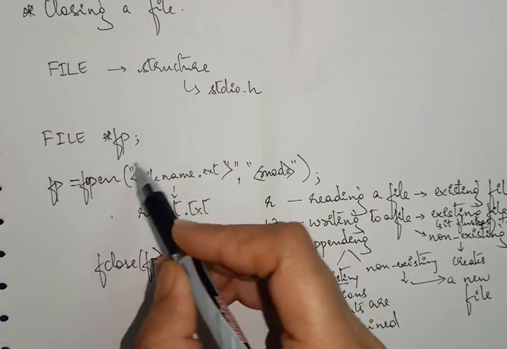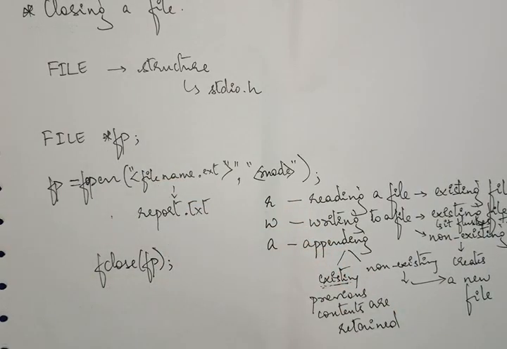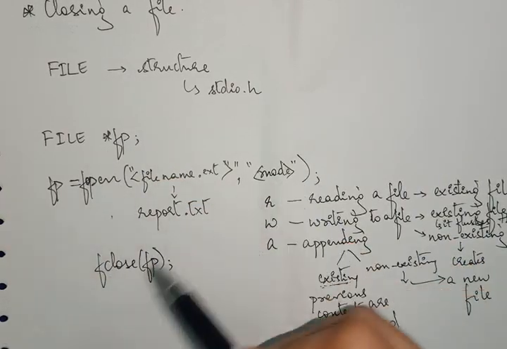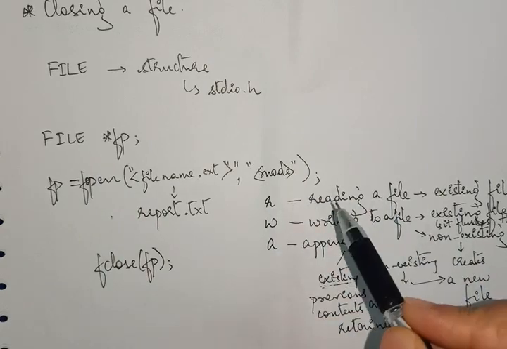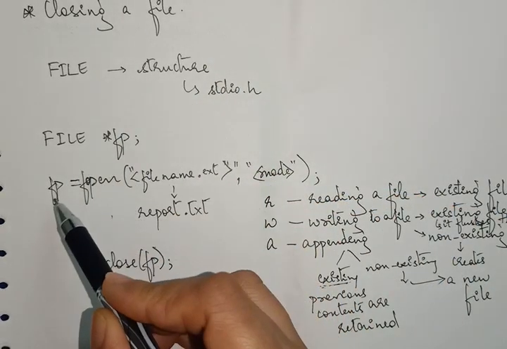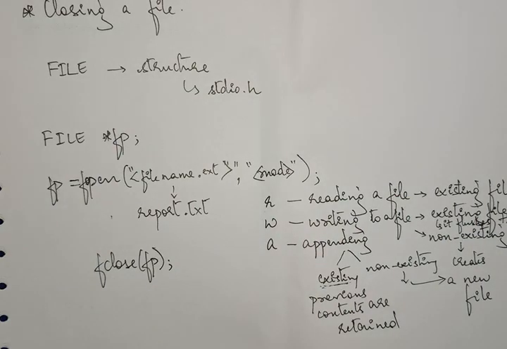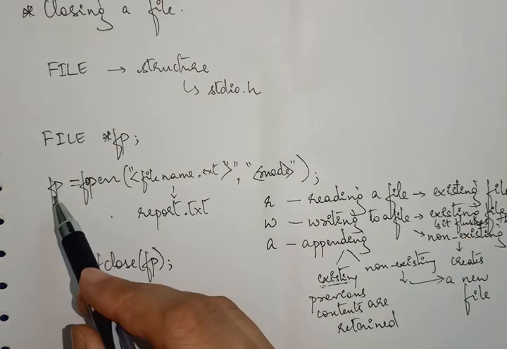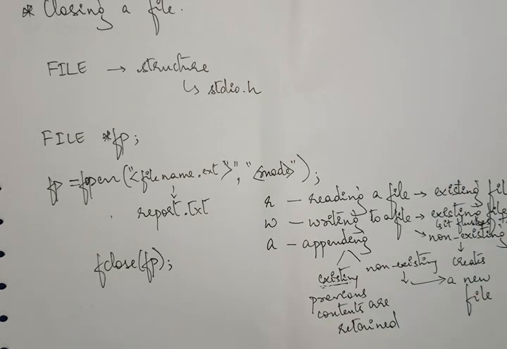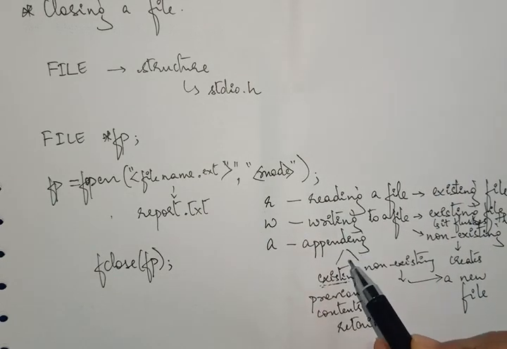As we know, the nature of a pointer is to hold an address. So when this file is opened or created, the address of that particular file is stored in this file pointer, such that the file pointer gets access to that particular location. Through that location, it starts either reading, writing, or appending.